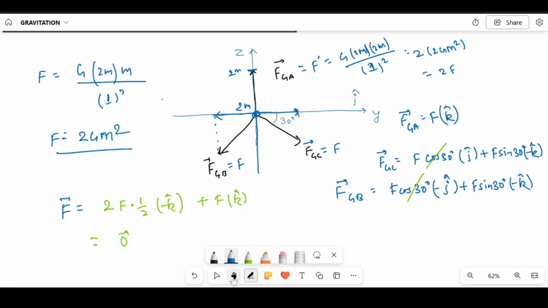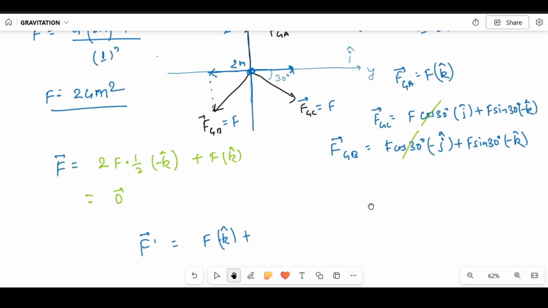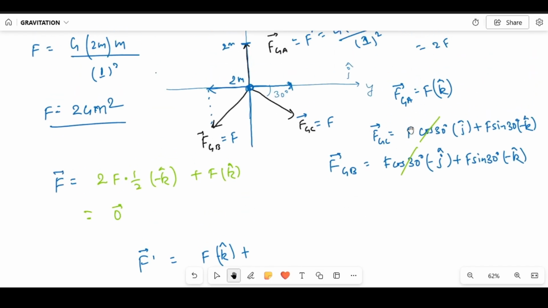So everything will be same except here we have the new F, let's say F prime will be, these two are going to cancel out. This is going to add and give this much, that is F along minus K cap, but instead of F K cap here we have twice of F.